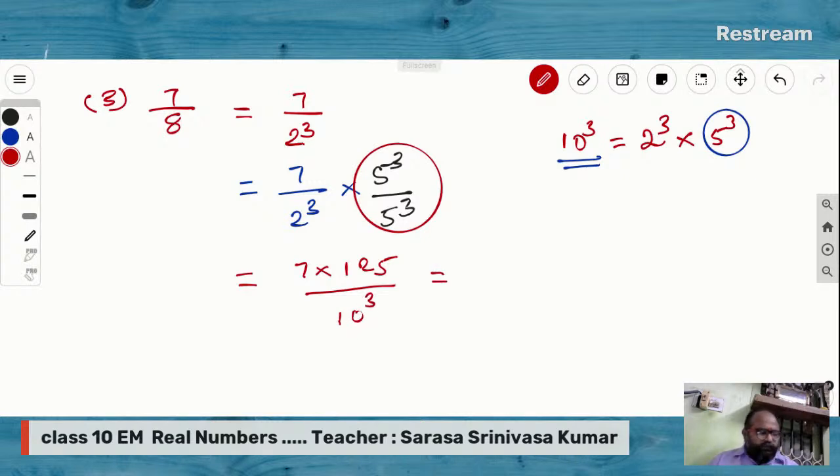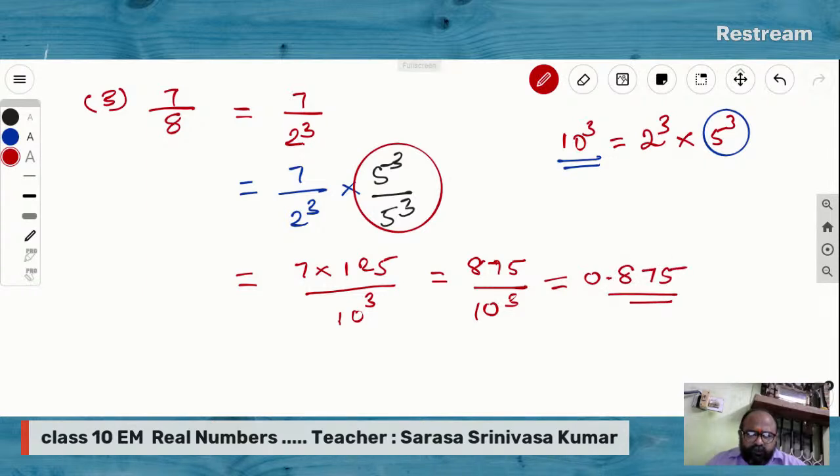Again 7 multiplied by 125, it is 875, by 10 power 3. So this is equal to 0.875.